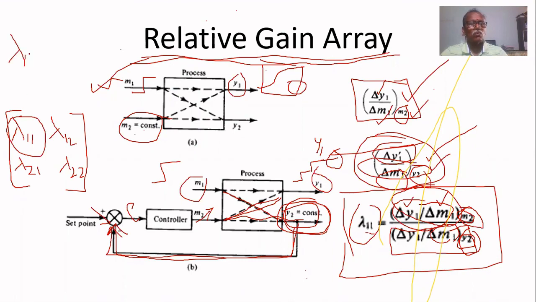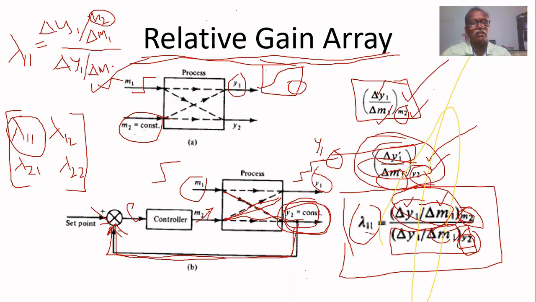Lambda 1 1 equals, in the numerator, the change in y1 upon change in m1, keeping m2 constant, divided by the change in y1 upon change in m1, but keeping y2 constant in the denominator.